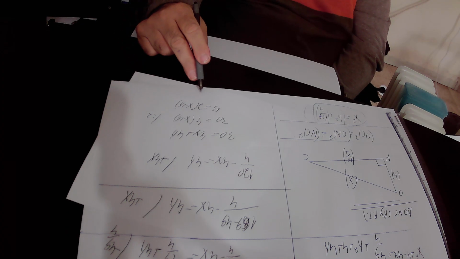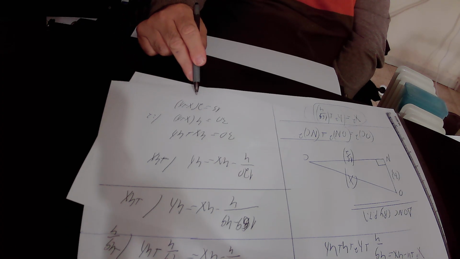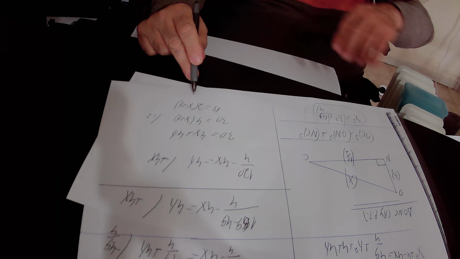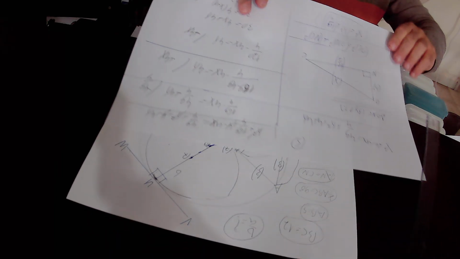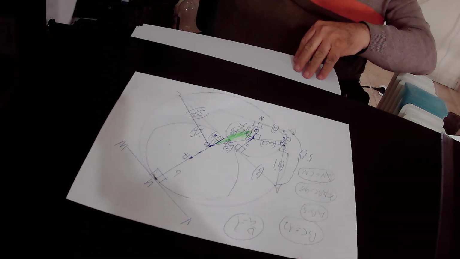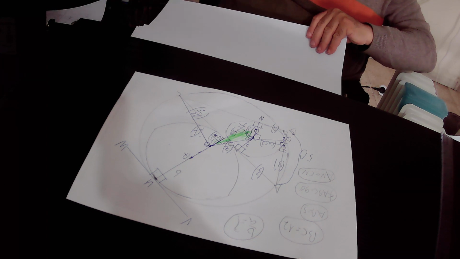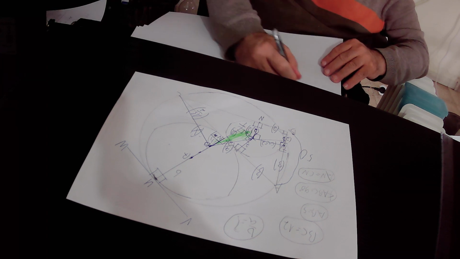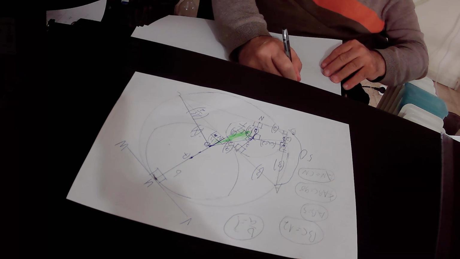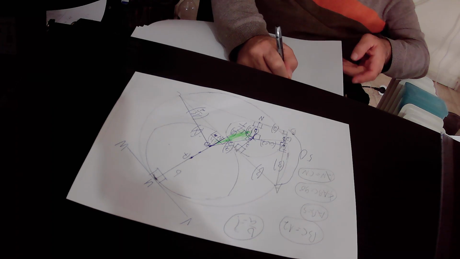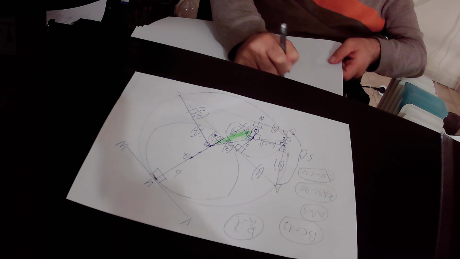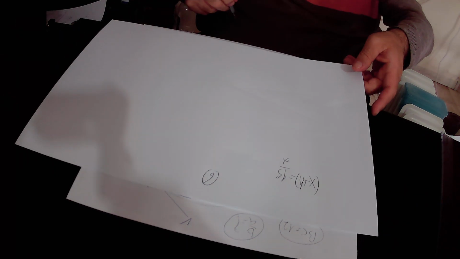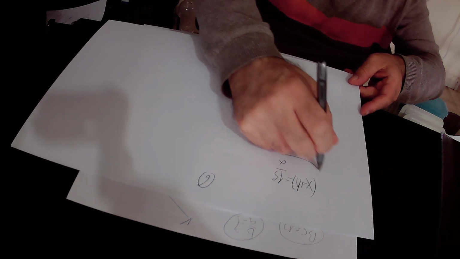Here we divide this equation by 2 and finally we get that x plus h equals 15 over 2. And we found out that x plus h equals 15 over 2.